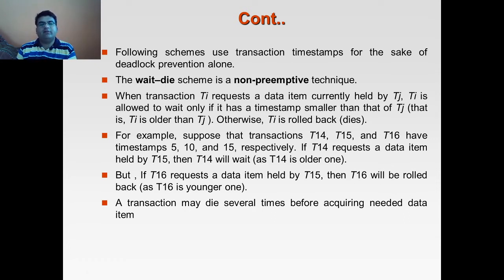If we assign T14 timestamp 5, then T15 and T16 must be assigned values greater than 5. We need not follow a pattern, but both younger transactions, T15 and T16, must have values greater than 5. That is the condition we keep in mind.